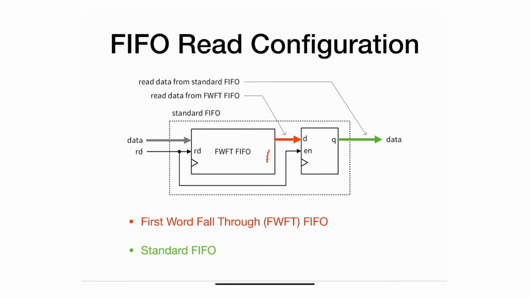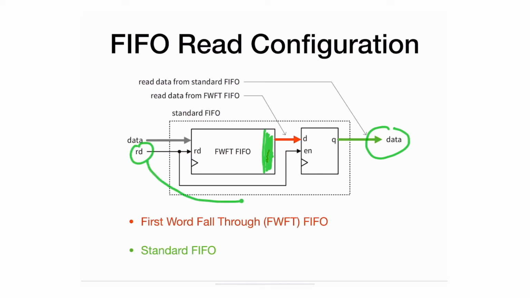However, there might be situations where you want some sort of synchronicity in reading the data point. So we're going to be using the second one, which is the standard FIFO. In the standard FIFO, the first word in here, which I'm highlighting in green now, is not going to be available directly on the output, because the output is going to be in here. So you're going to have to issue a read command first.